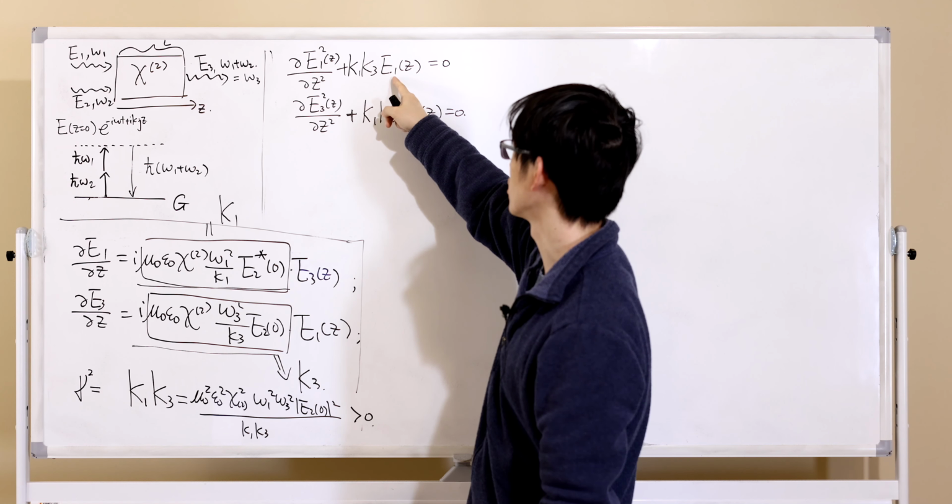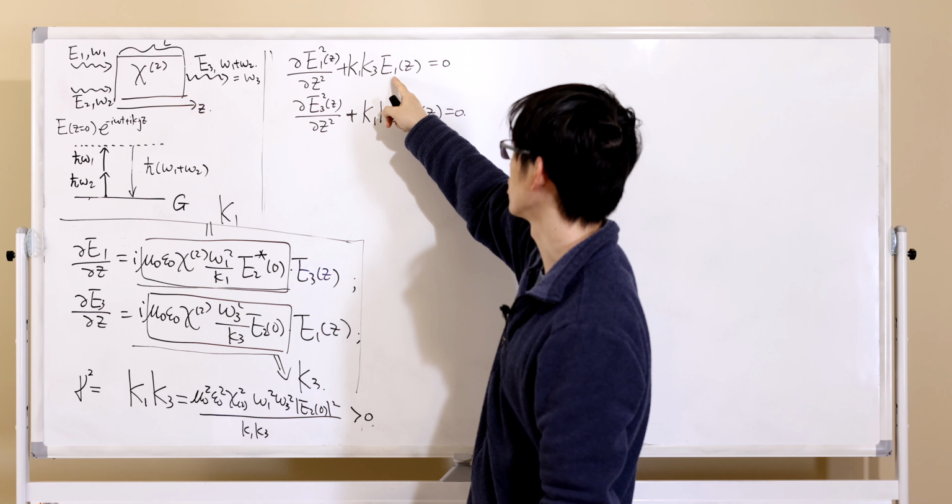So this way you get your solution for E1. The solution for E1 is that A1 is E1(0), whatever your input is. So E1(0) cosine gamma z.